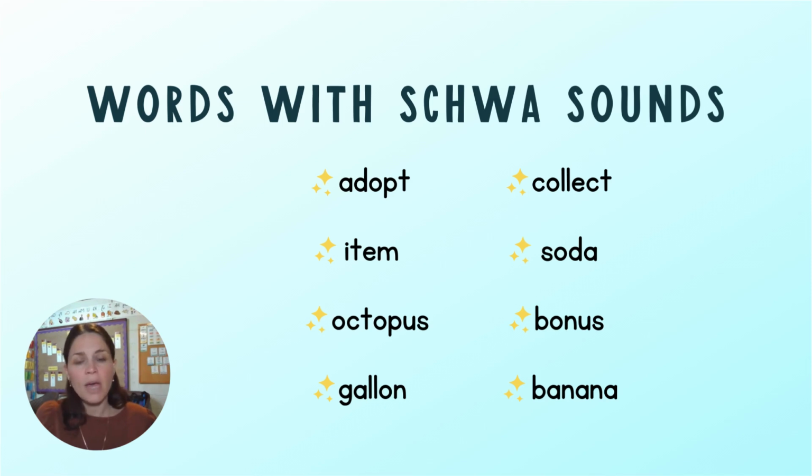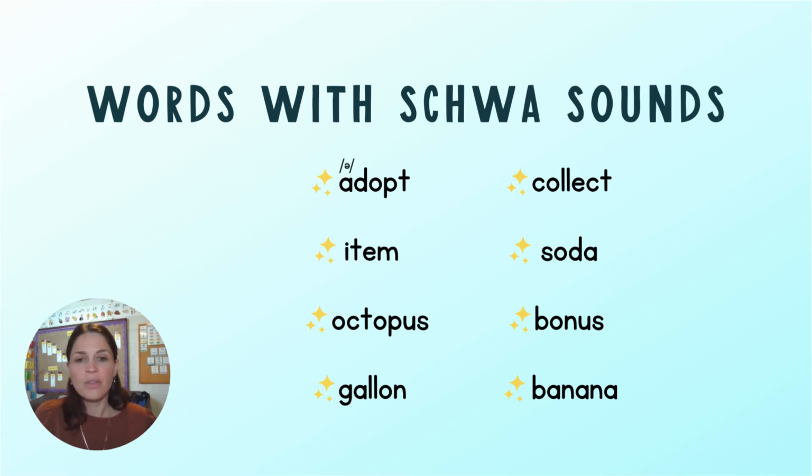And now I know that in the unstressed syllable, we can have our vowel letters represent a schwa sound, the uh or i. And so in the word adopt, I hear that A making the uh sound. That's why I say it, adopt. Okay, so kind of mind blown, right? That is why we pronounce the word adopt, because the vowel sound gets weak or mushy when it is a schwa.